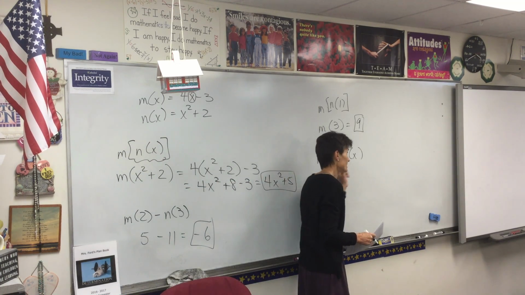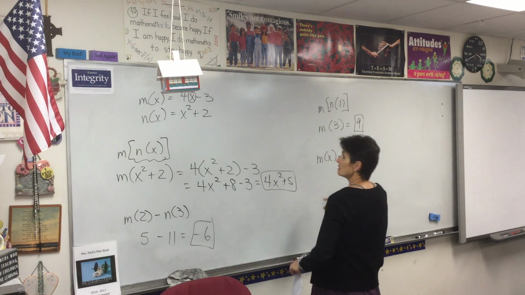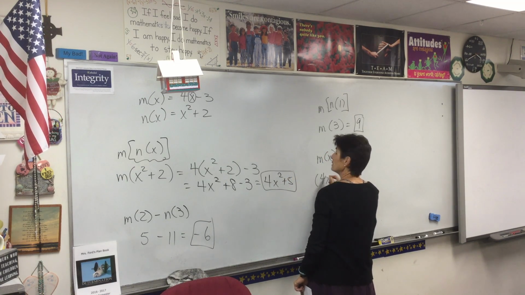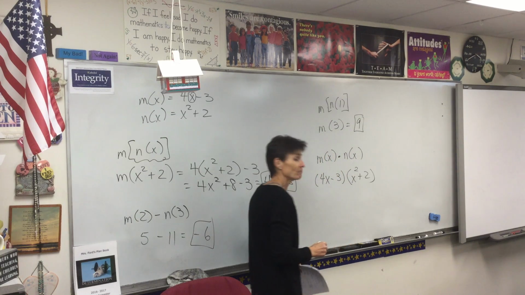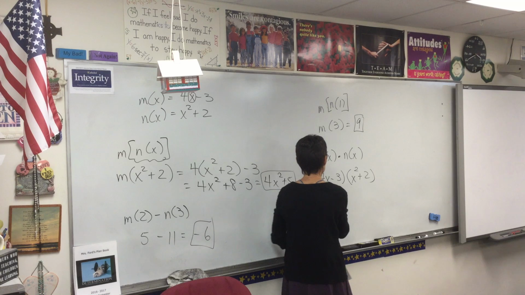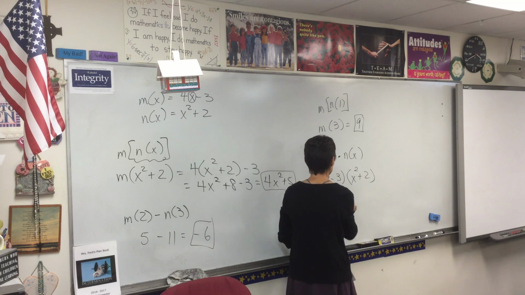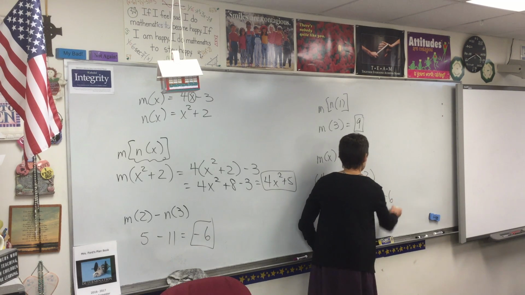Now, what am I doing here? Don't make this hard. This is easy. All you're doing is what? Multiplying the m function times the n function. And that's going to mean foiling in this problem. It means foiling. So 4x cubed minus 3x squared plus 8x minus 6.